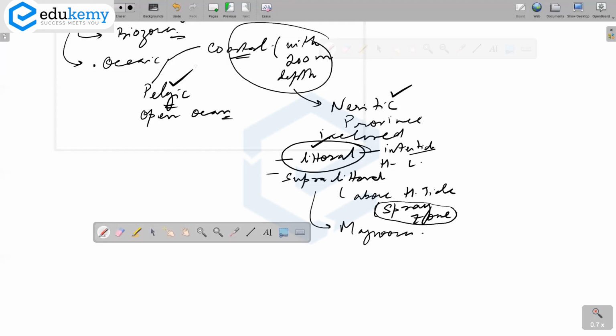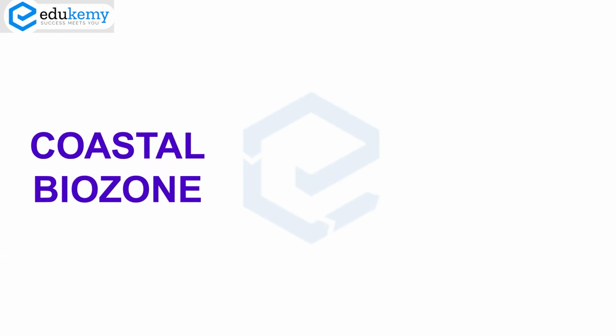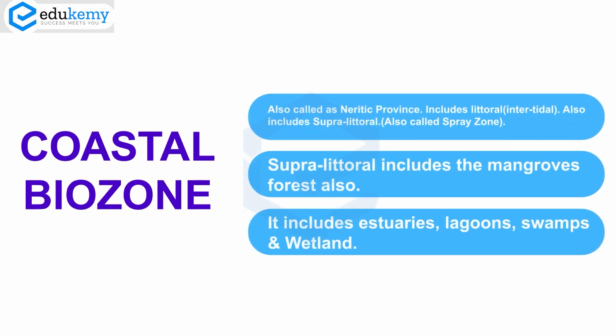The littoral and supra-littoral will also include estuaries, lagoons, mangroves, and also swamps and wetlands.